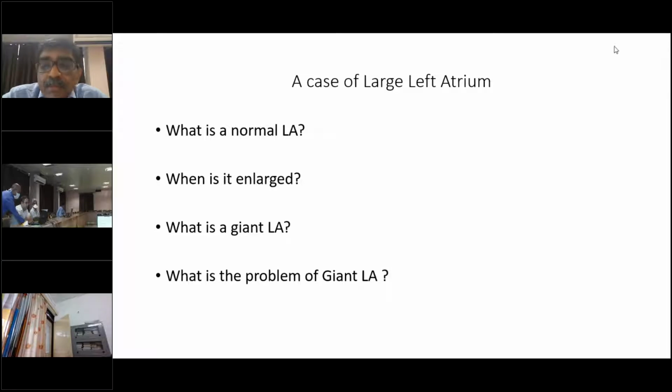So then what comprises giant left atrium? This term was coined in 1849 by Hewitt, and it was initially considered that if, on X-ray, the atrium is reaching the chest wall, it is called giant left atrium.